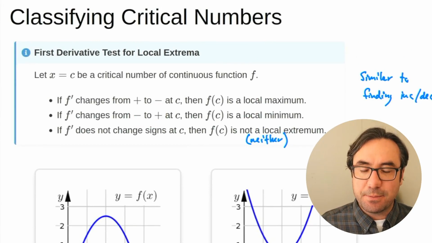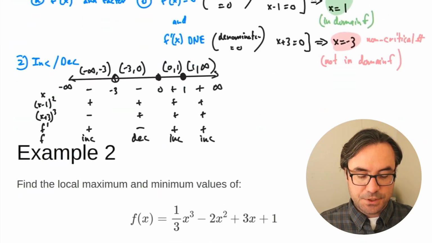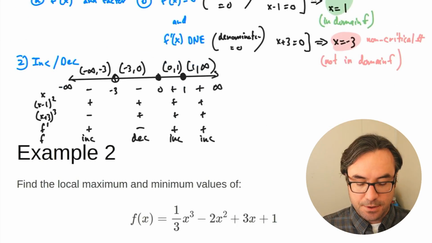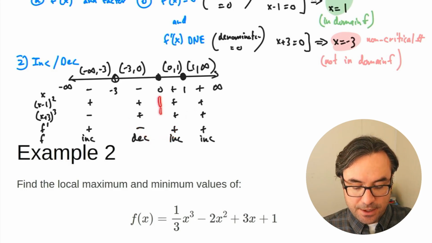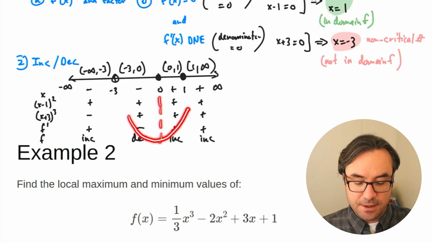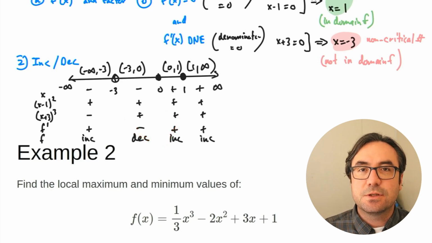To help us remember, though, it's easier if you just draw in roughly what the graph is going to look like. So we're decreasing, and then we flatten out, and then we increase again. So right here at x equals 0, we're decreasing, we flatten out, and we're increasing. So if you draw what the shape is going to look like, it's clear it's going to be a local min.